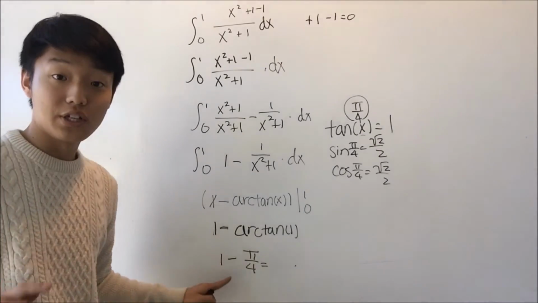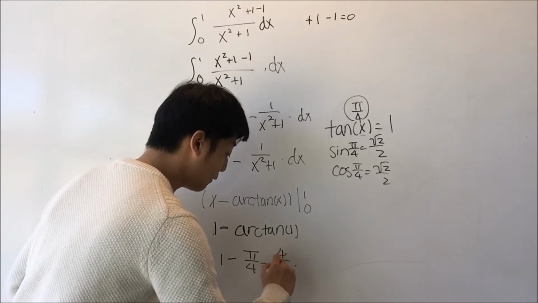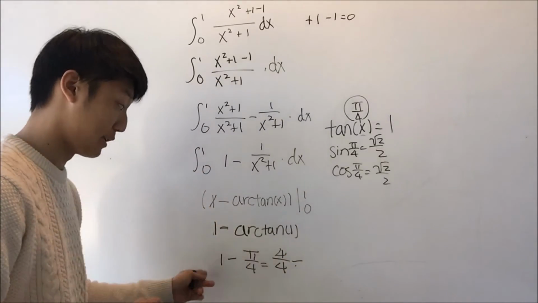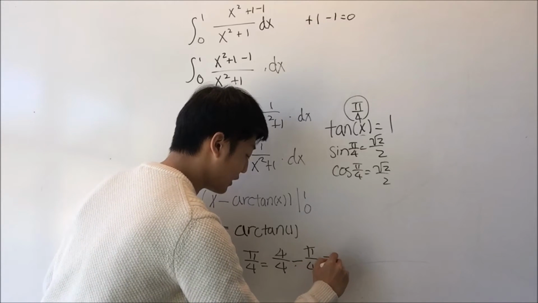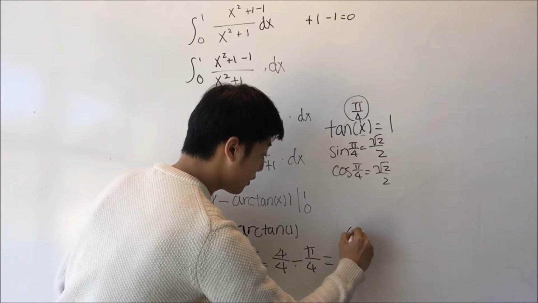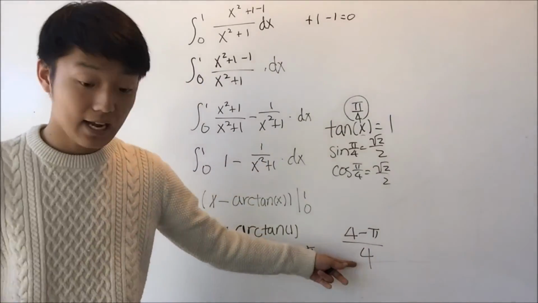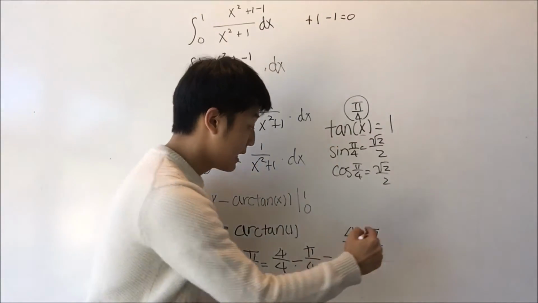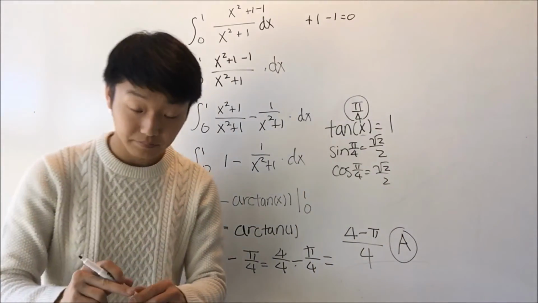So just in case, to make it simpler, 1 will be equal to 4 over 4 minus, because 4 over 4 is 1, I'm just switching it to make it same denominator. And it will be 4 minus pi over 4. And this is the choice of A, and A will be the answer for number 10.